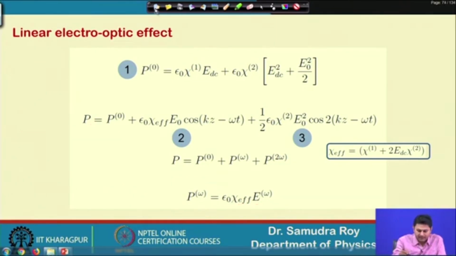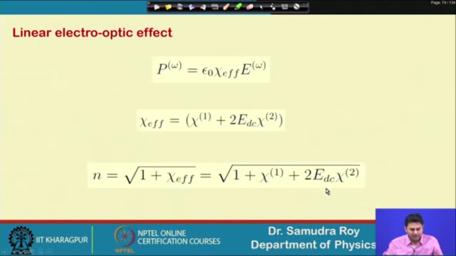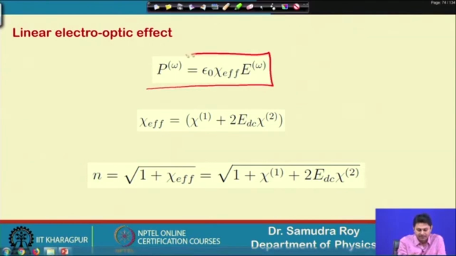So, if I write carefully, then we will find that P omega, as I mentioned, is epsilon 0 chi effective E omega, which is a new term that is appearing because of this DC effect.